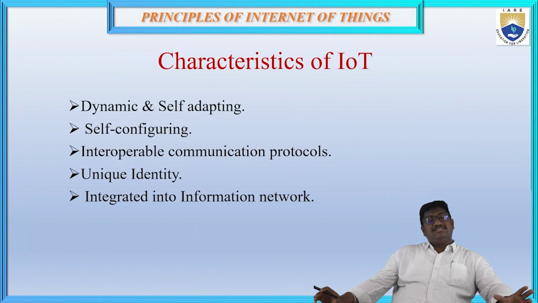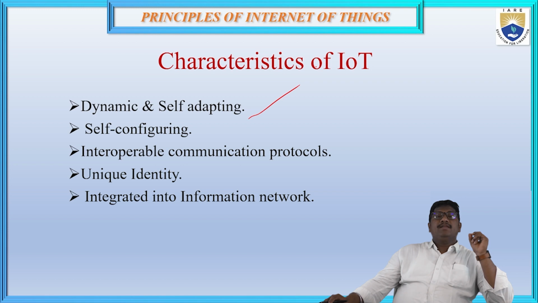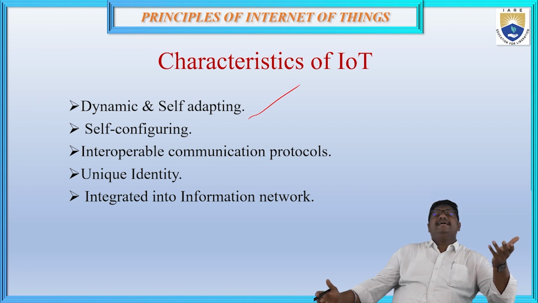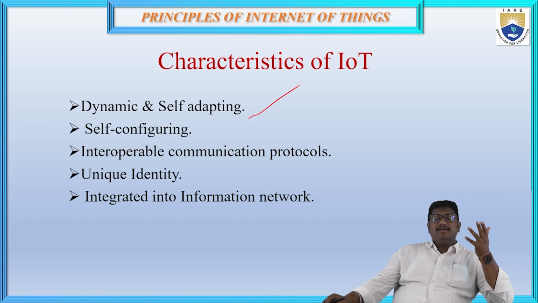What are the different kinds of characteristics which Internet of Things should have? The first one is that it should be dynamic and self-adapting. How can we call a device dynamic, how does it have self-adapting capability, and how is the device self-configurable? Most of you are using electronic gadgets nowadays, some smartphone. Take it as an example.